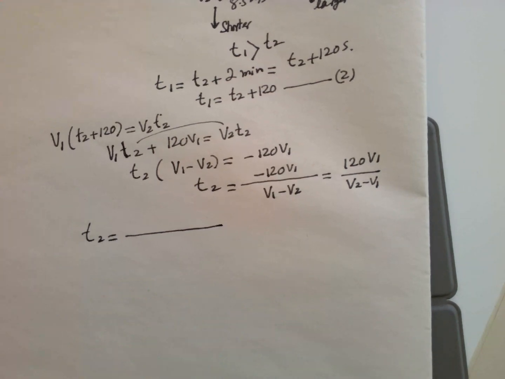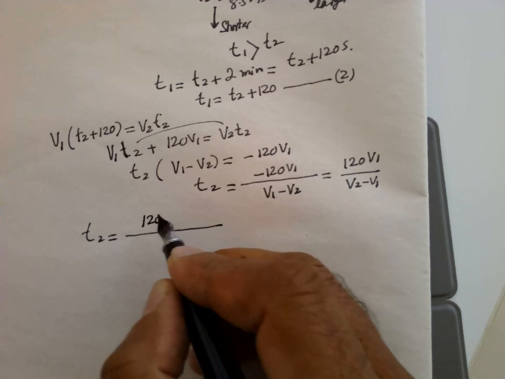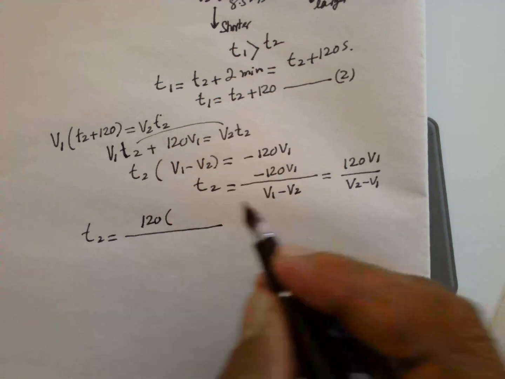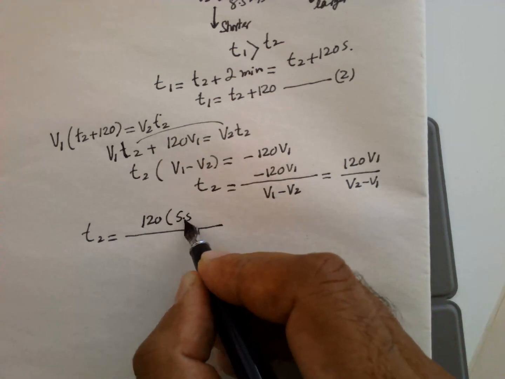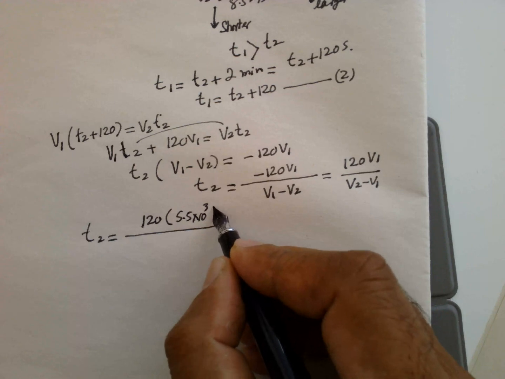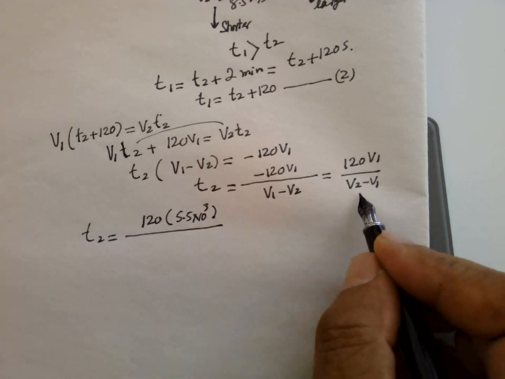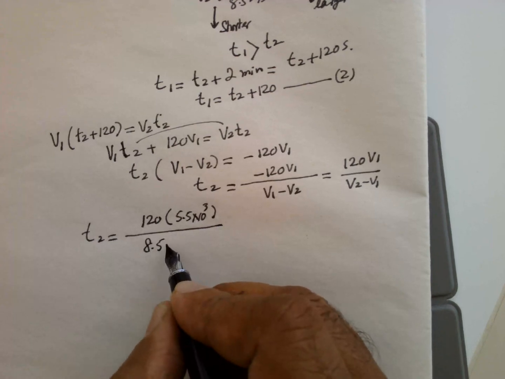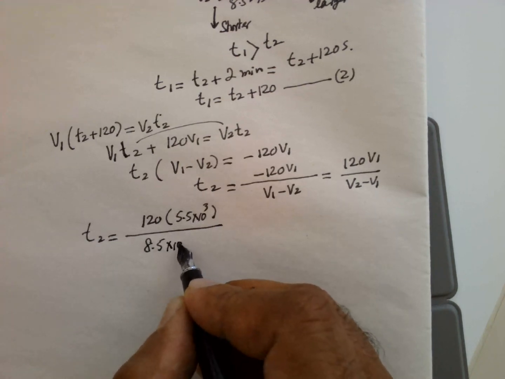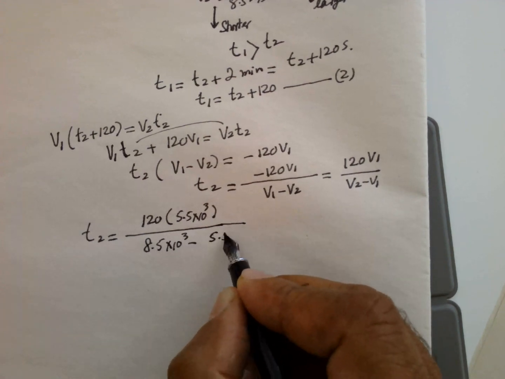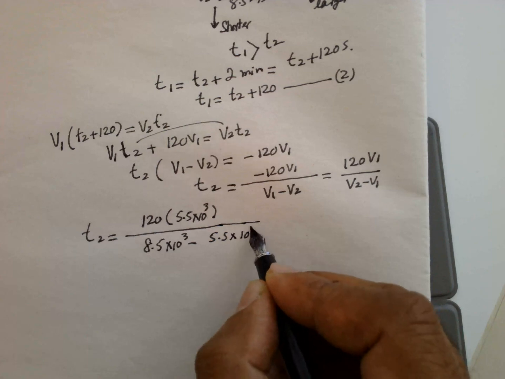Now substitute the values: 120 into V1. V1 is the S wave, which is equal to 5.5 into 10 power 3 meter per second, and the difference is 8.5 into 10 power 3 minus 5.5 into 10 power 3.